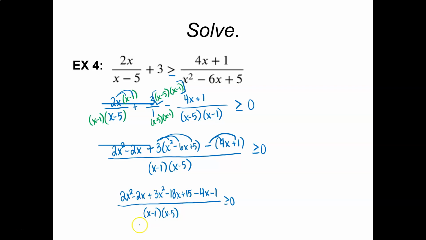And we are going to combine our like terms. So we got 5x squared minus 24x plus 14, all over, I think, x minus 1, x minus 5.